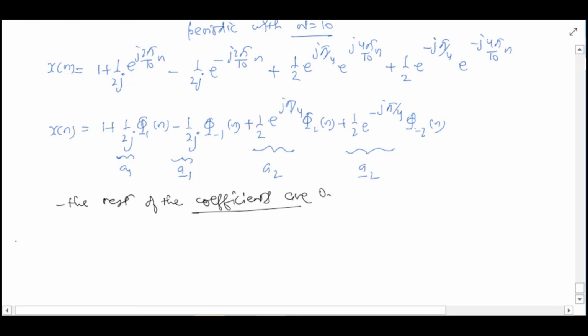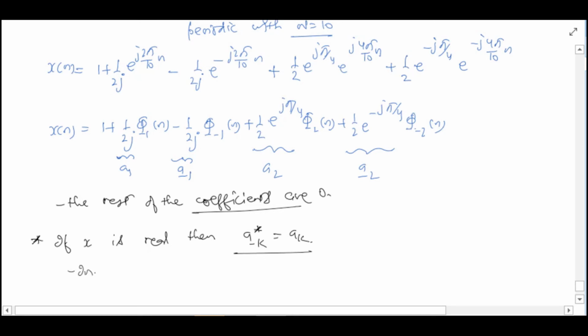Now before we go ahead, let us see the following property of Fourier series for discrete time signals. This is analogous to a similar property for the continuous case. The property says that if x is real, then a star minus k is a k.